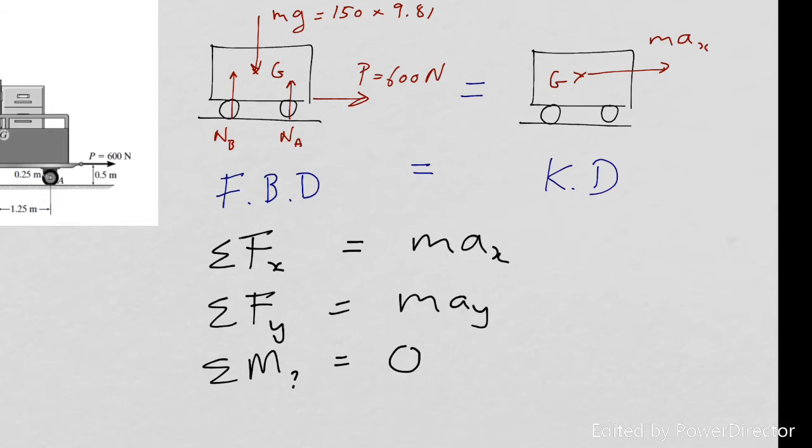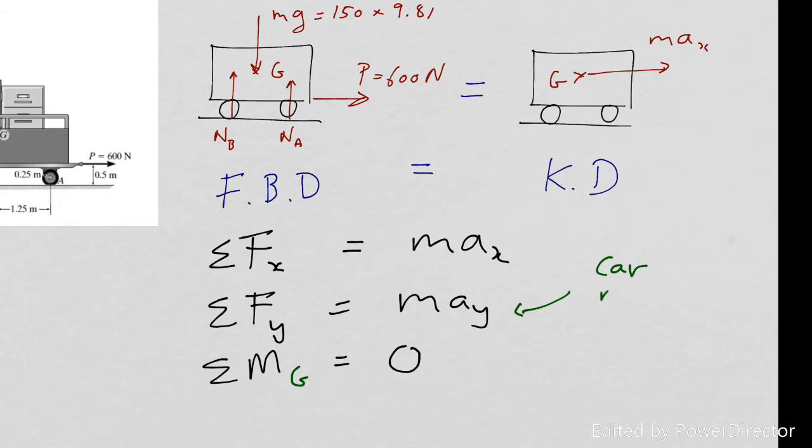It will equal to 0 if you are pinning on the gravity point, or we name it as G, because on the kinetic diagram, if you pin on G, the max, that force will be eliminated. Okay, but if you pin on other point, then the force on the G will be calculated.